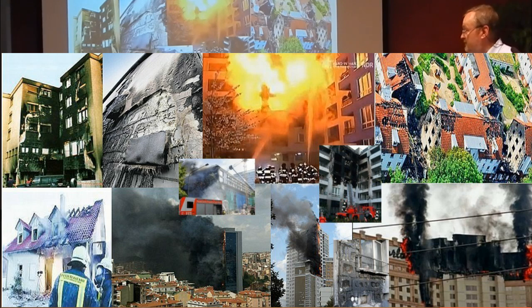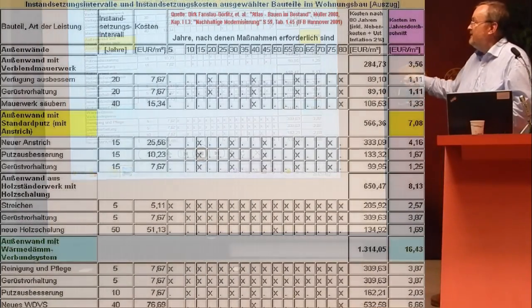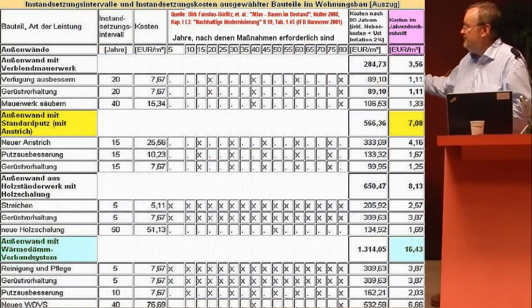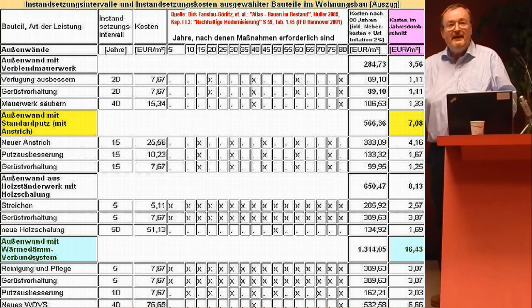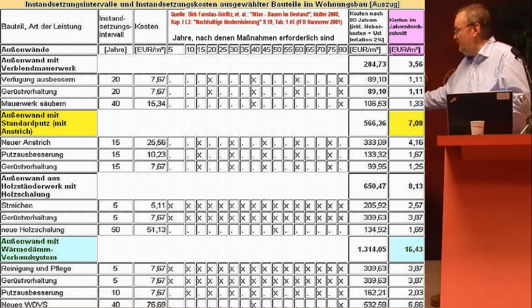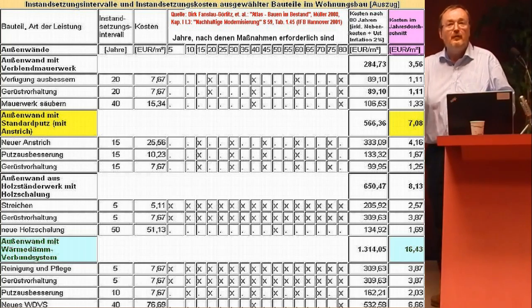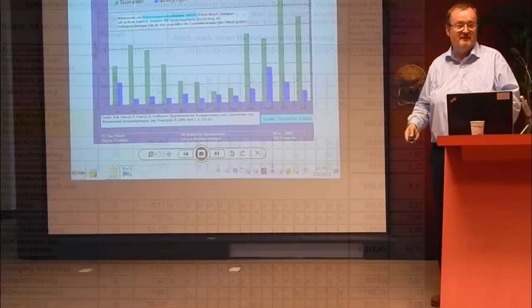That is Moscow. Everywhere the skyscrapers burn out by the reason of this burnable, inflammable insulation. And if we look at the costs, we can find out that the yearly costs per square meter to repair this system are over 10 euros more than a normal plastered facade.